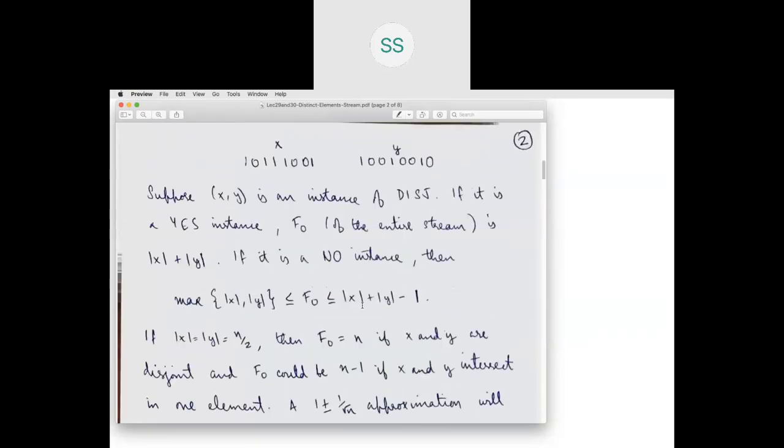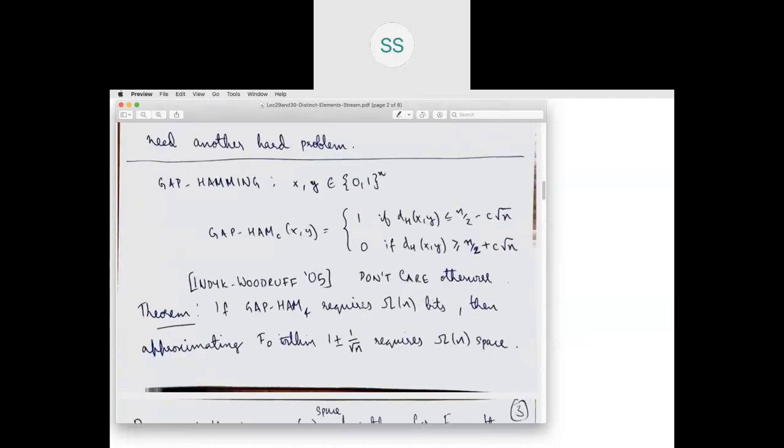And what we do is we use a reduction from the gap Hamming problem to f0. We went through the details of that. So the estimation of f0 that we want to say requires linear space is a probabilistic and approximate estimation. If such an estimation is done, the resulting protocol for gap Hamming will also be a randomized algorithm.